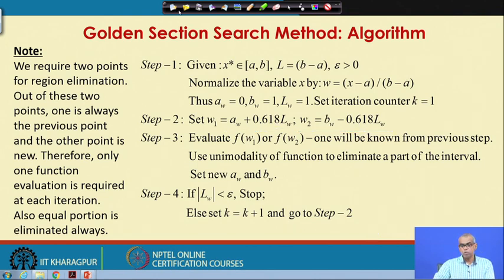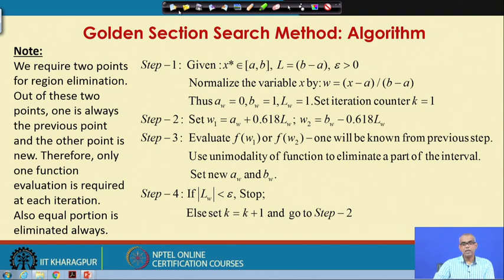You will use unimodality of the function to eliminate a part of the interval, and accordingly you will update the interval. That means, set new a_w and b_w. If the length of this interval has become very small, less than the tolerance value, we will stop.